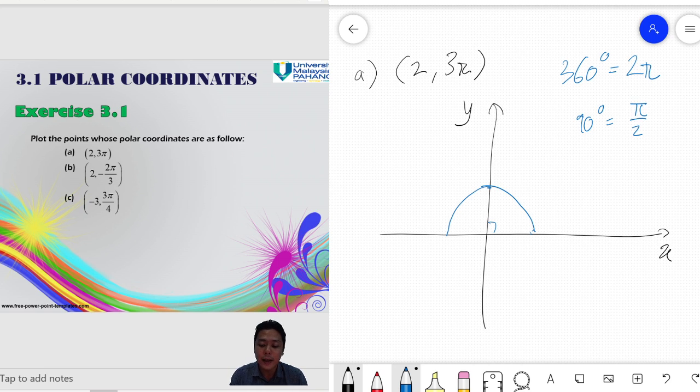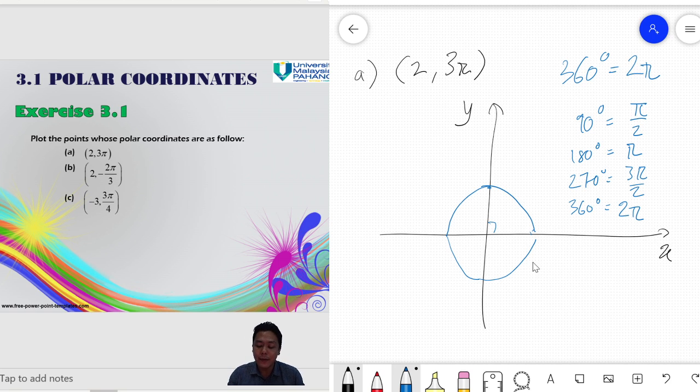If we continue until 180 degrees, it will be π. Continue more to 270 degrees, it will be 3π over 2, and if we complete a whole circle, 360 degrees, it will be 2π. So we have 3π here, so you proceed further.